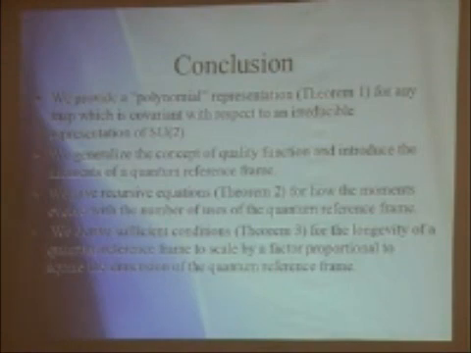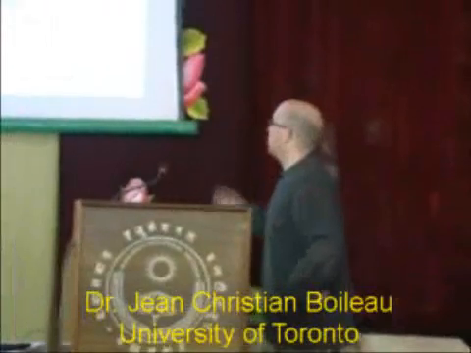Then we generalized the concept of quality function and introduced the use of moments for quantum reference frames. We give recursive equations and simplify them by using the previous representations. And we derive a sufficient condition for the longevity of a quantum reference frame to scale by a factor proportional to the square of the dimension of the quantum reference frame.